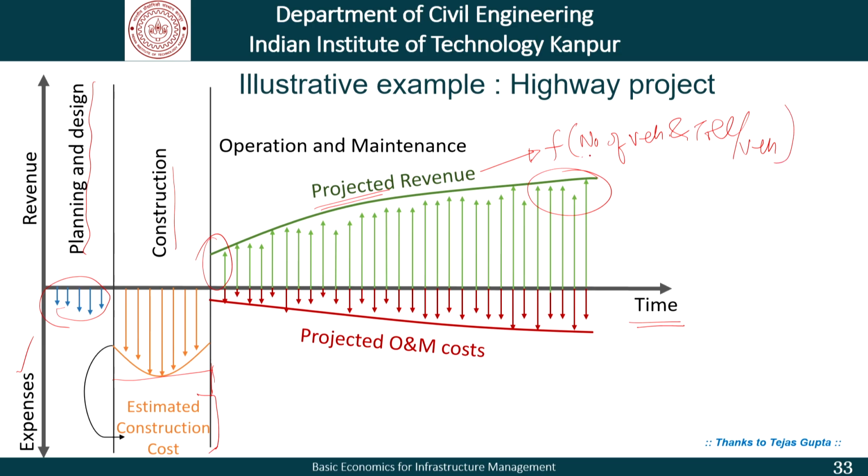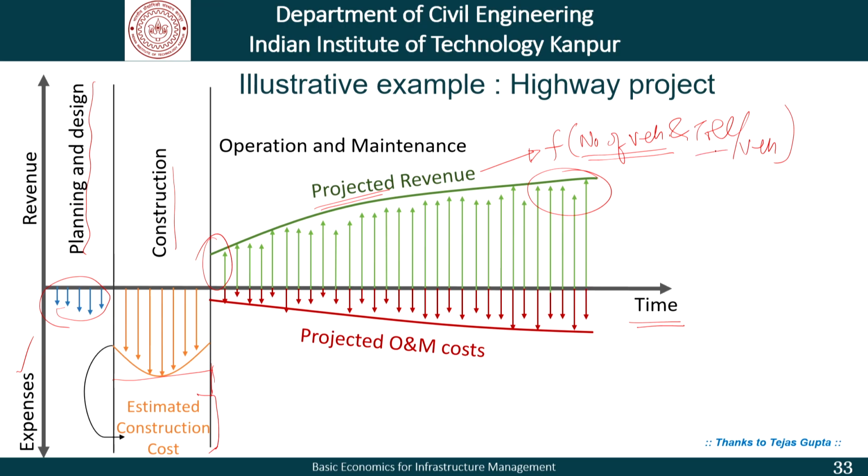The number of vehicles is something which transportation engineers can help us predict through models: if on this sector we have a certain number of vehicles plying today, over a period of 5 years, 10 years, 20 years, what is the likely growth in the number of vehicles?